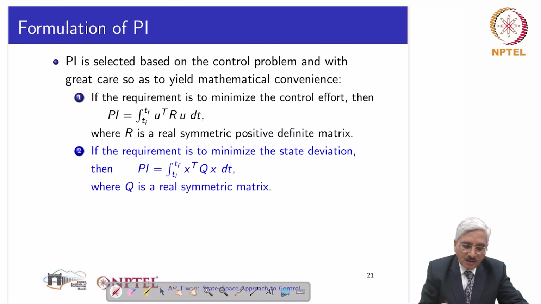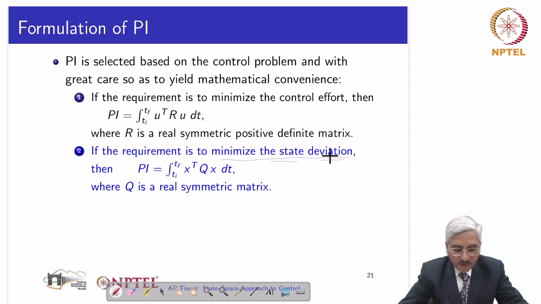So the other criterion is to minimize the state deviation from the desired value of states x0. In case of the tracking problem or regulator problem, x0 can be 0, let us say.